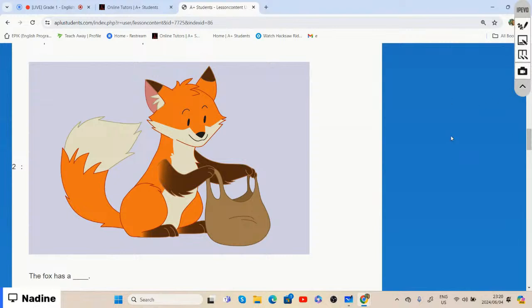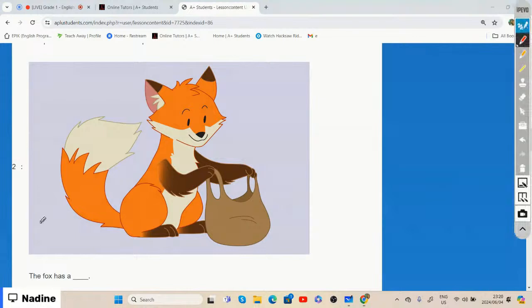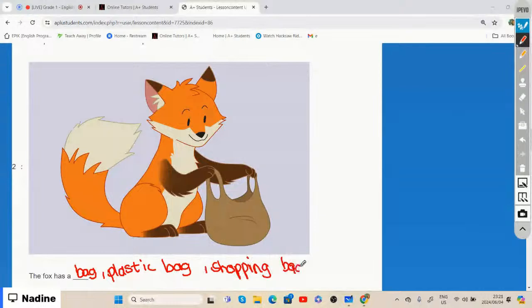All right, so if we were to identify and match whatever the fox has based on the sentence, and it says the fox has a, we can say a bag, we can say a plastic bag, right? But it looks like some form of bag. It can be a shopping bag, right? But we are identifying what the fox has.